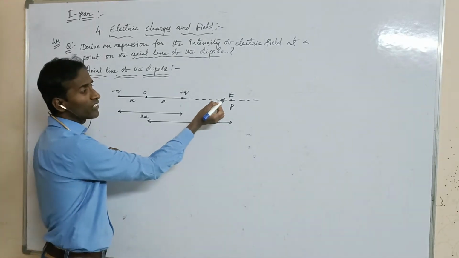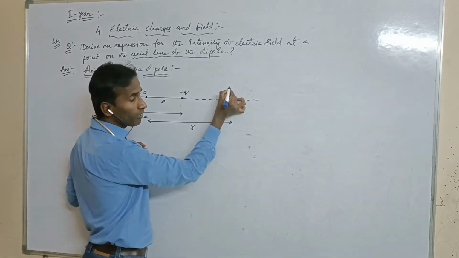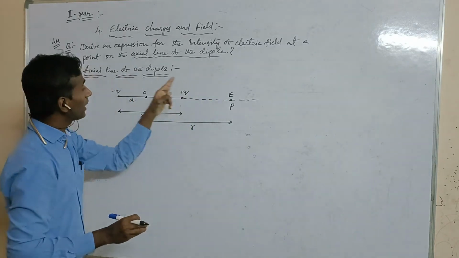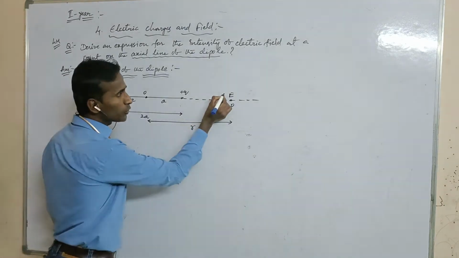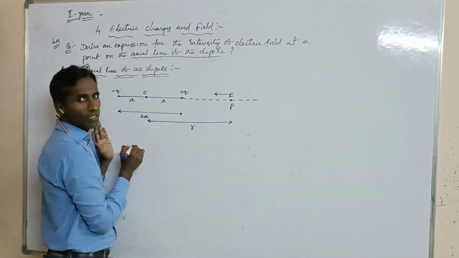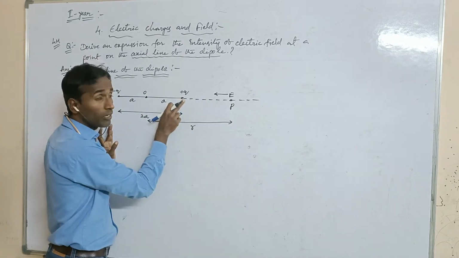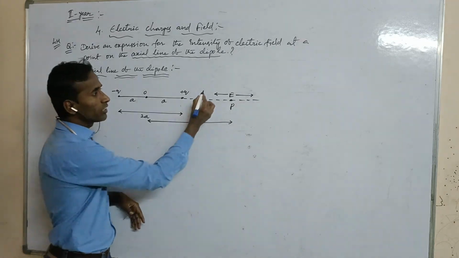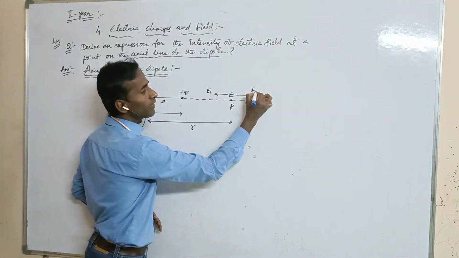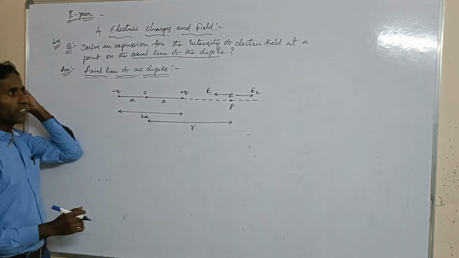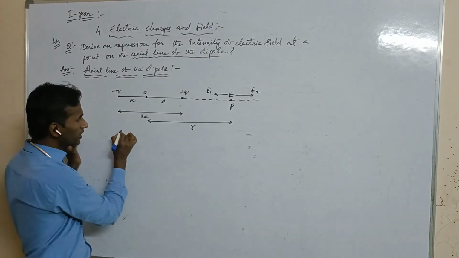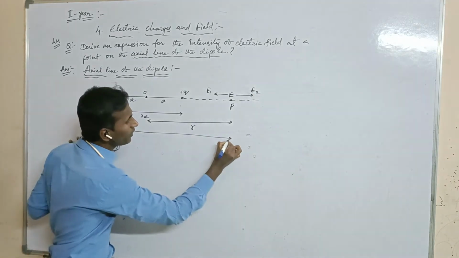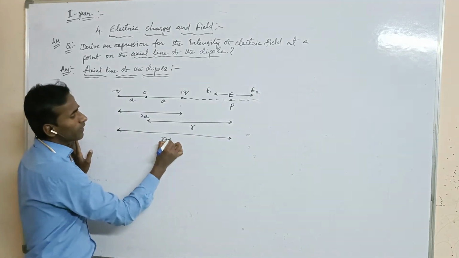For example, imagine one positive test charge. This positive charge will be attracted to the negative charge, so it shows one direction, that is this one. And this positive charge will be repelled by the positive charge, so it gives another direction. So this one is E1 and this one is E2. Now for E1, the total distance from the test charge to the charge minus q is r plus a.